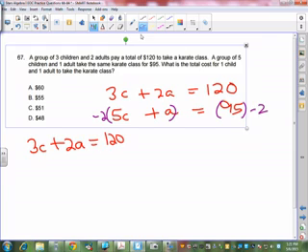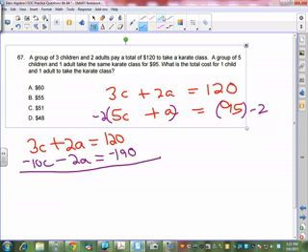And then the bottom equation, negative 10c minus 2a is equal to negative 190. Now we can add, that'll give us negative 7c is equal to negative 70, divided by negative 7.